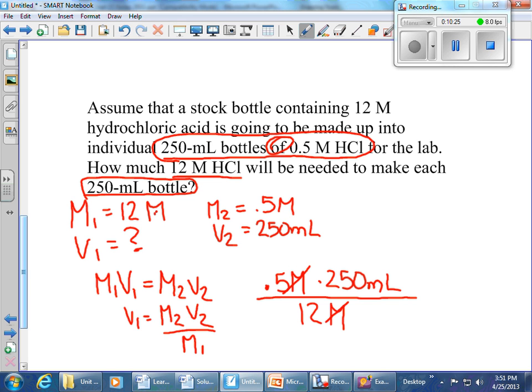So I am going to have a volume, my V1, of 10.4 milliliters. If I did not have milliliters here, I maybe would have put liters, or something else. So use your units, show your work, show me everything when it comes to those problems. We're going to stop here. I will finish the last few on the last slide.